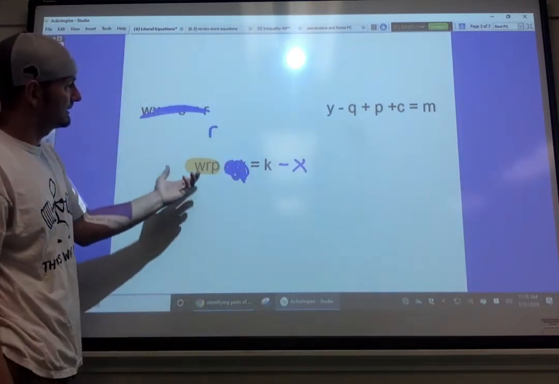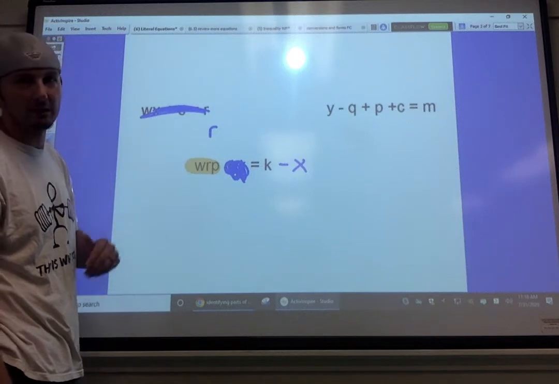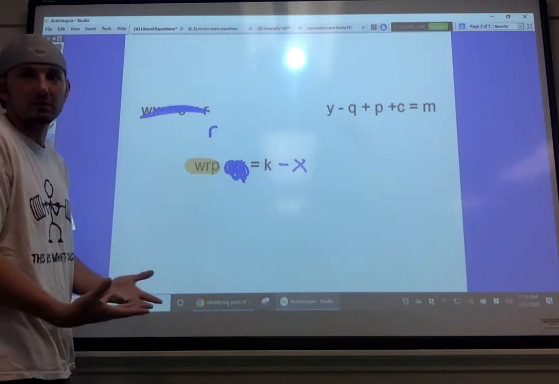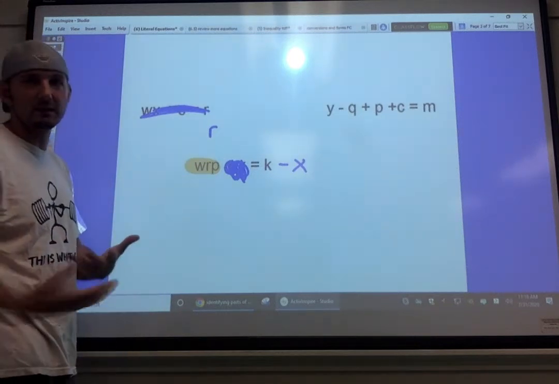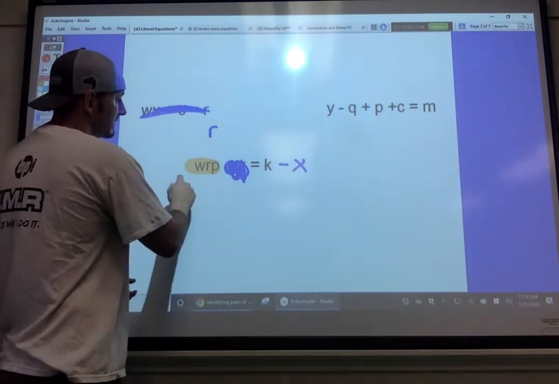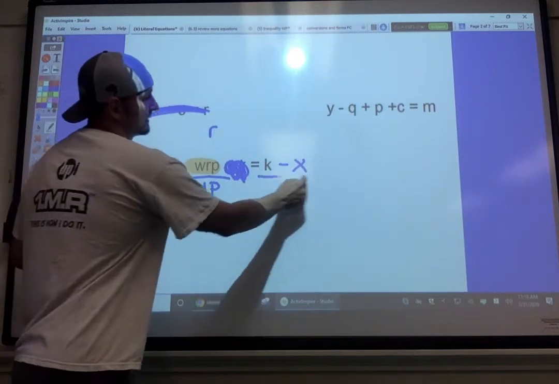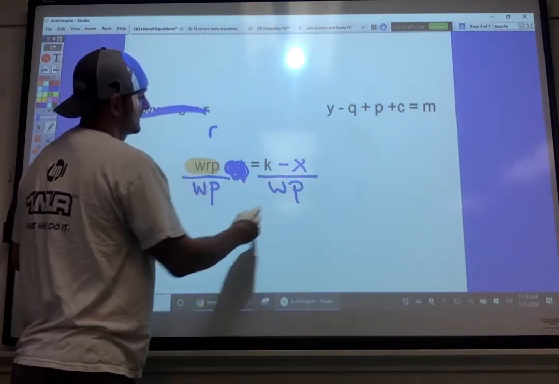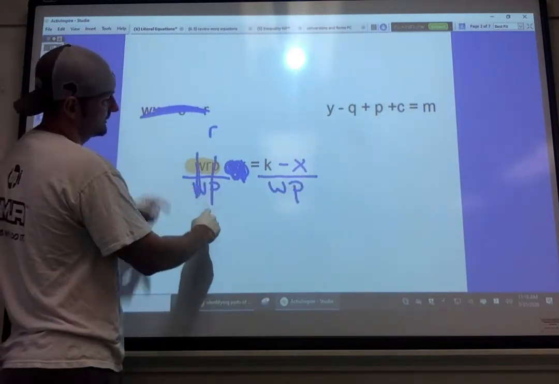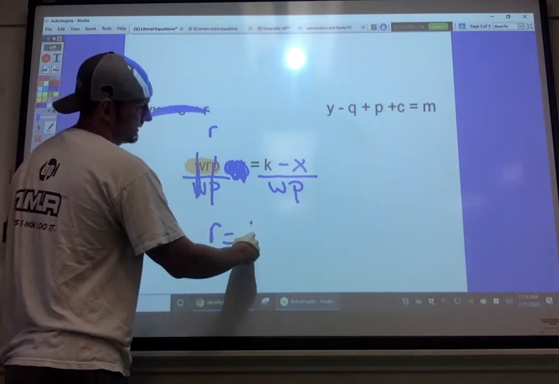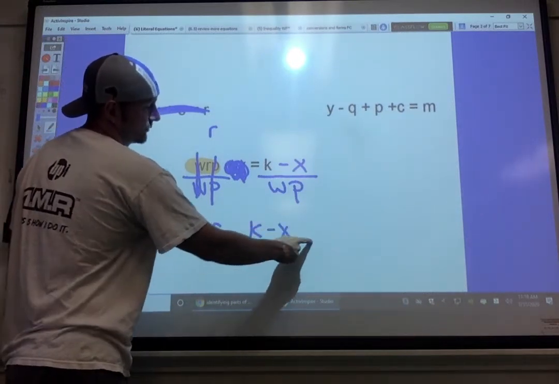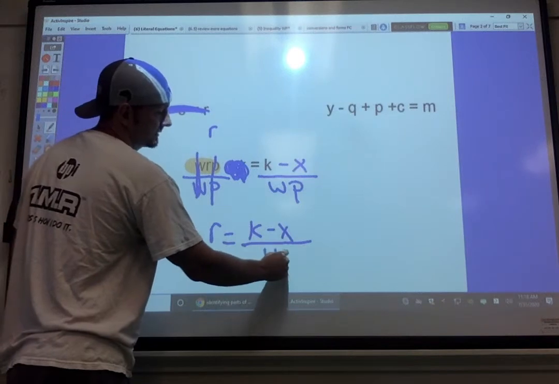So now I need to get rid of w and p. Well, they're all multiplied by each other. So whatever w times p is, I can divide by that. Cancel it out here. So I'm going to divide by w and p. They will go away. So we're left with r equals k minus x, whatever that answer is, divided by w times p.